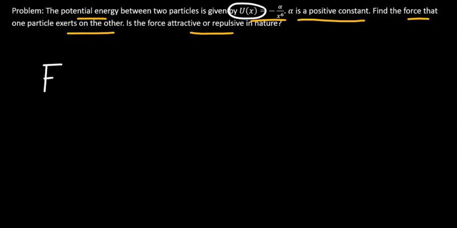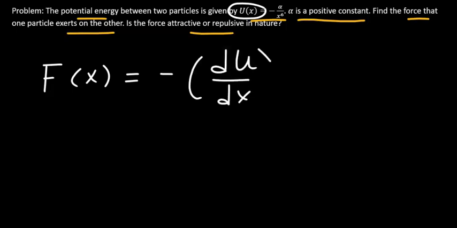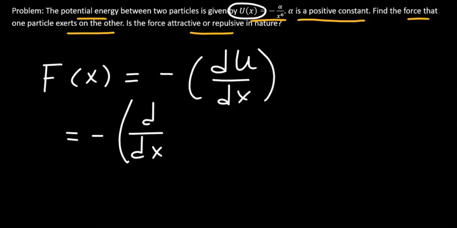So again, going back to the expression that we introduced at the beginning, all we have to do to find the force is to take the derivative of the function given with respect to x, and the function is minus alpha over x to the power 6.